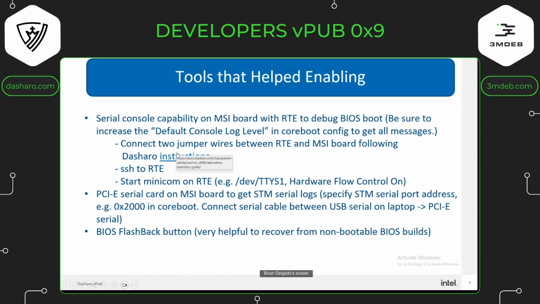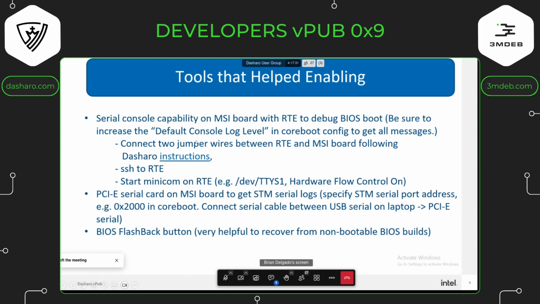There are some great instructions from Dasharo on how to connect those jumper wires between the RTE device and the MSI board. Then once you SSH into the RTE, you can capture all of those logs from the BIOS boot, and even save and export them. So that was a very helpful capability.